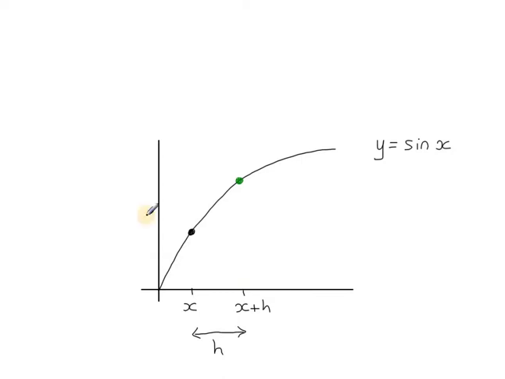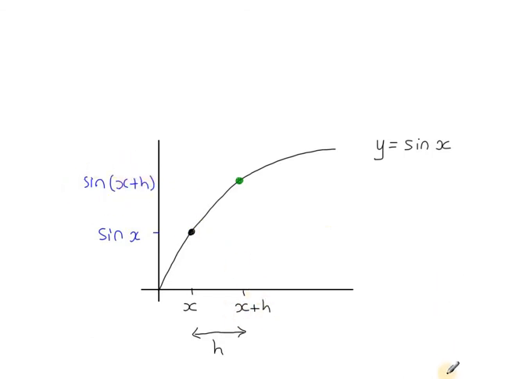And then the y coordinates, well, you just get them from the equation, y equals sine of the x coordinate for that point, which is just x, and sine of the x coordinate for this point, which is x plus h. So you have that x coordinate with that y coordinate, and this x coordinate with this y coordinate.